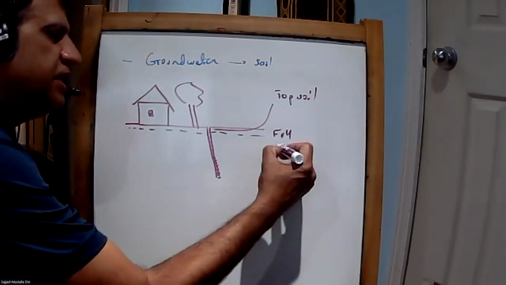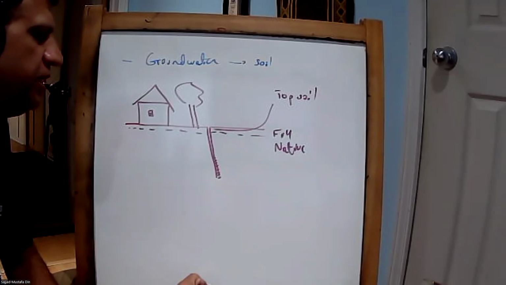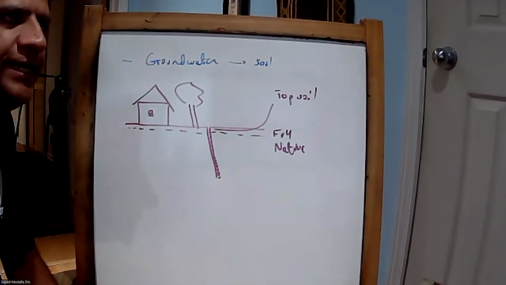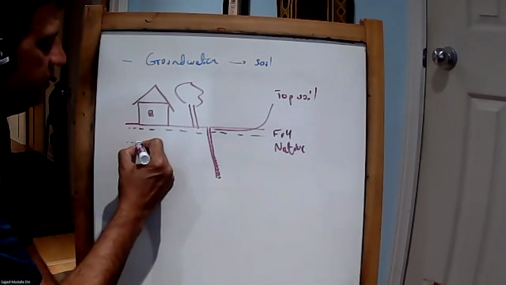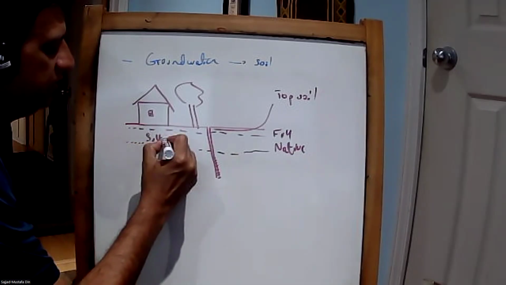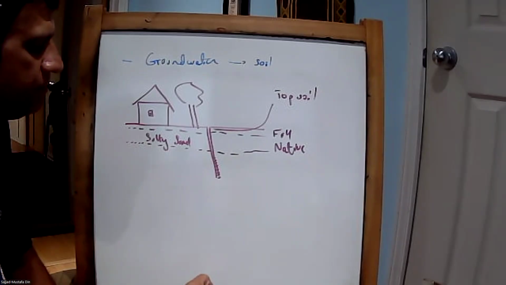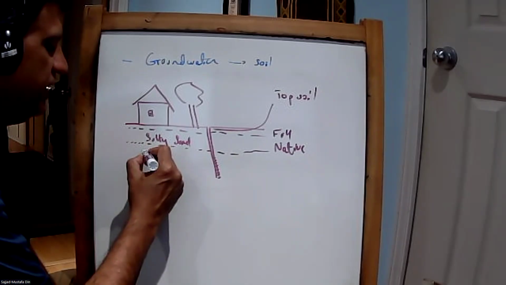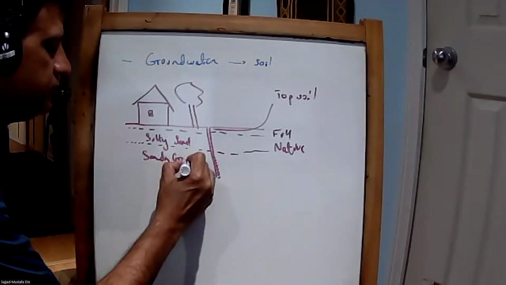And then you get into the native material. The native material could be sand, silty sand, clay, or so on. Let's say you've got a layer of silty sand. Then beneath that, let's say you have a layer of sandy gravel.